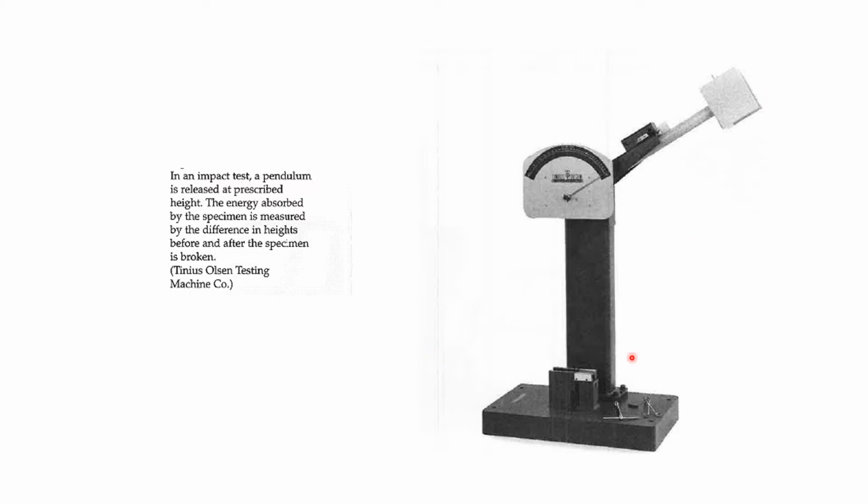So here it comes down with the velocity and hits it. It won't go up as high because the energy is lost at the strike point, the collision point. So the velocity is going to be slower, and the height is going to be different. It won't be as high as that.